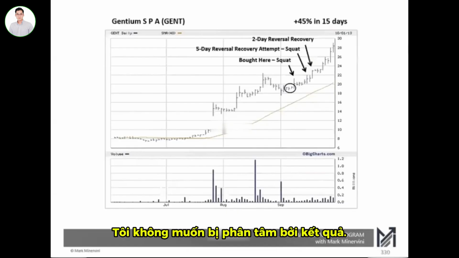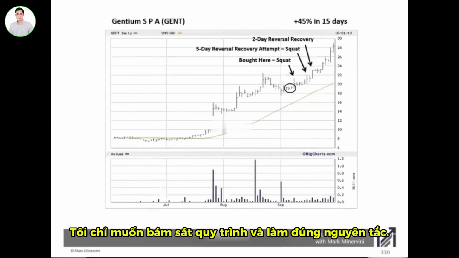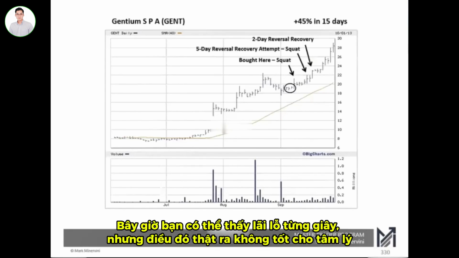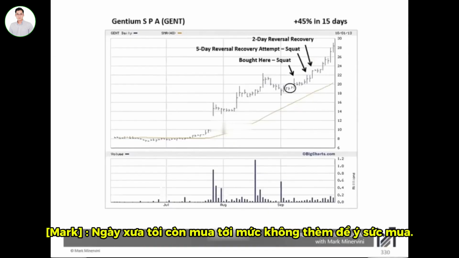And I wouldn't even ask about the equity, because I didn't want to know. I just wanted to, again, as you said, stay in the process, just keep on following rules and not get so caught up in that. These days you can see it all the time, but that's just not so healthy.